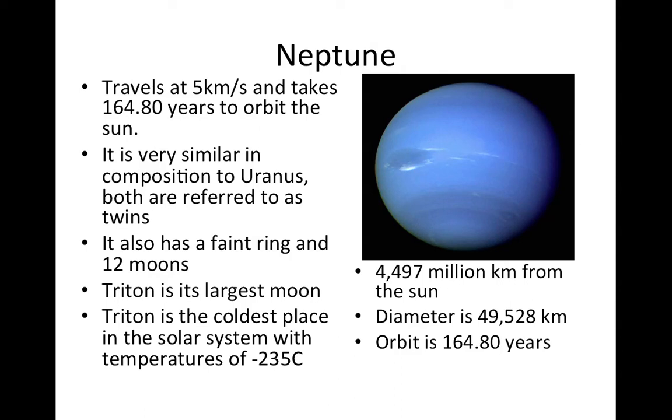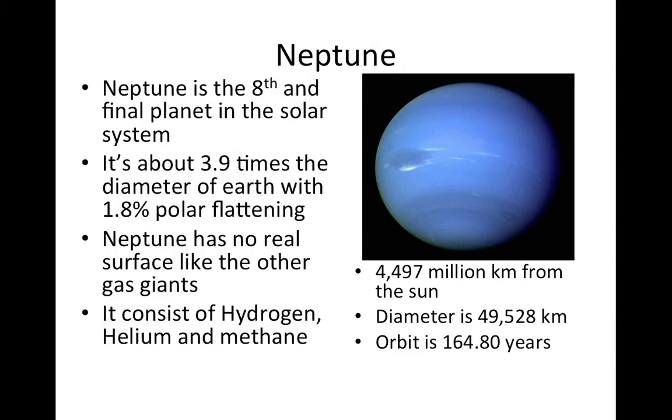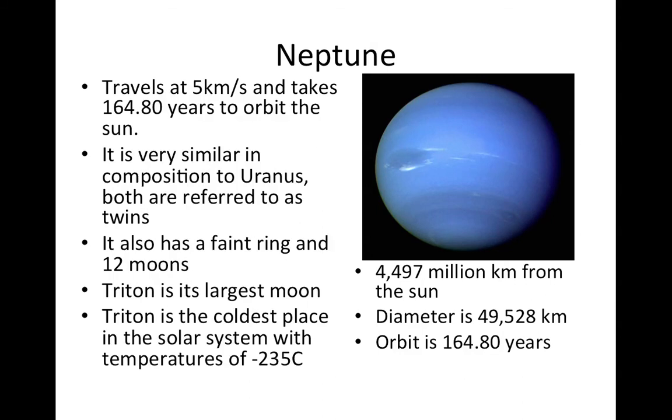It's very similar to Uranus, as I mentioned in the beginning. Uranus and Neptune are usually considered twins, and it has a faint ring system as well, and it has 12 moons. It consists of hydrogen, helium, and methane, and it's an ice giant, and you can see it has this bluish banded color.